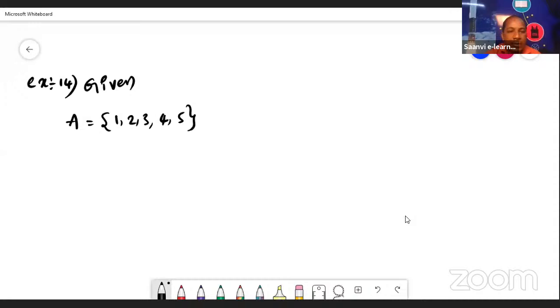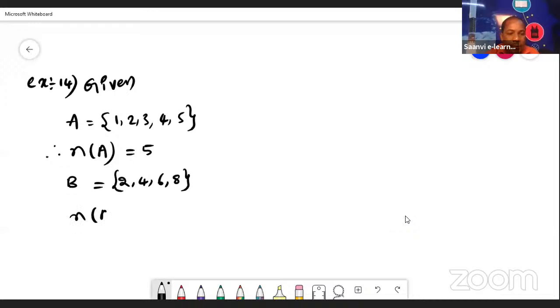A is equal to the set 1, 2, 3, 4, 5, so what is n of A? n of A means the number of elements in the set A. How many elements are there? 5 elements are there. And set B is equal to 2, 4, 6, 8. What is n of B? How many elements are there in B? 1, 2, 3, 4. 4 elements are there.